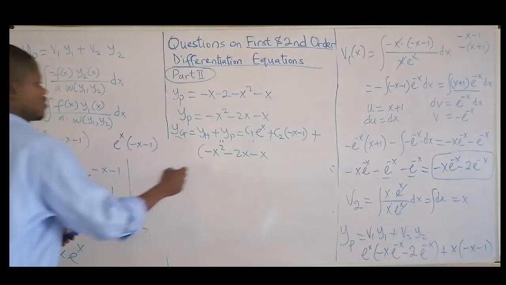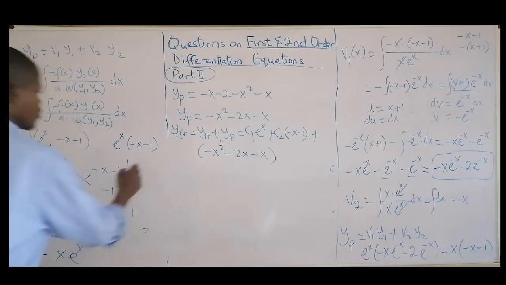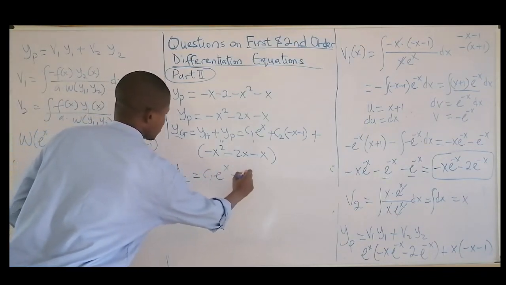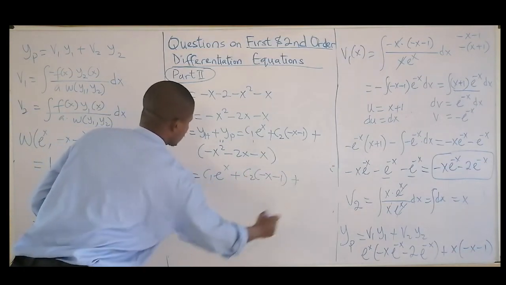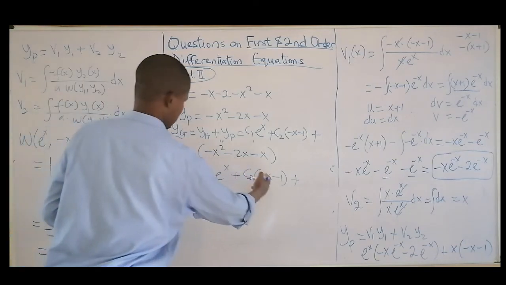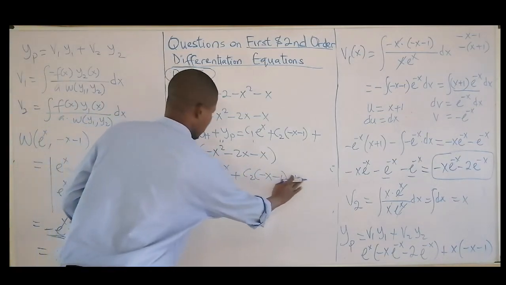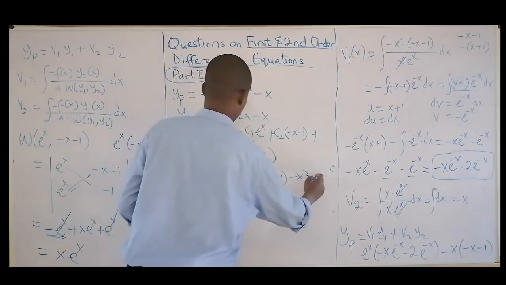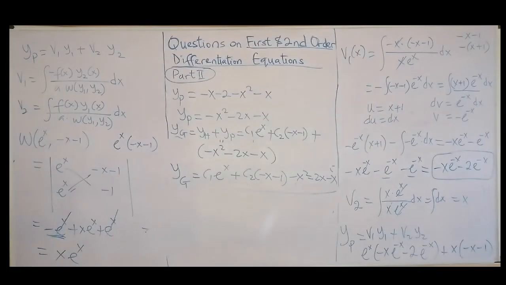That will be equal to C1 times this one, plus C2 times minus x minus 1, then plus minus x squared minus 2x minus x. So that's the general solution.